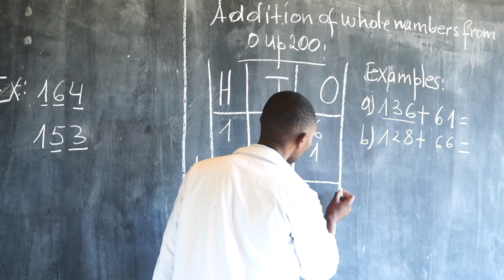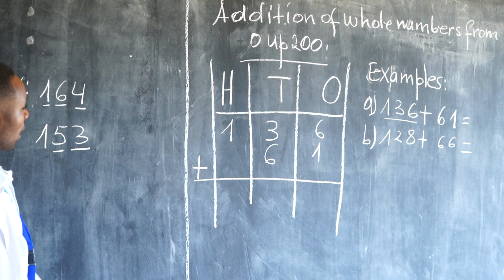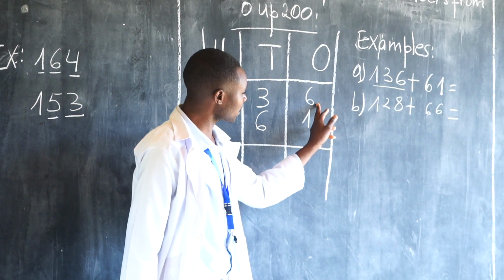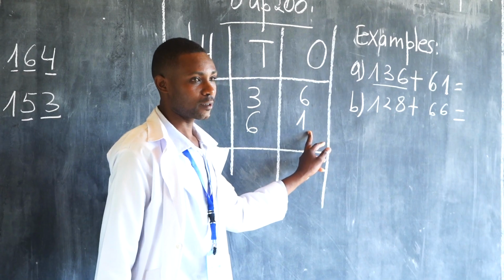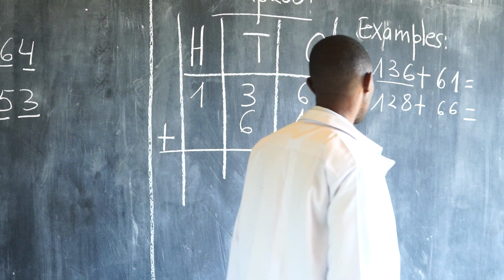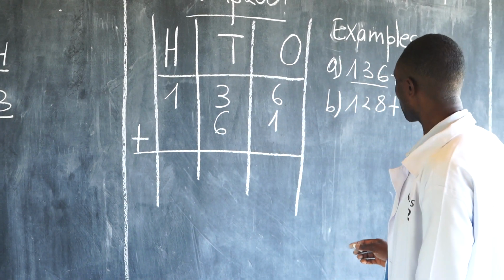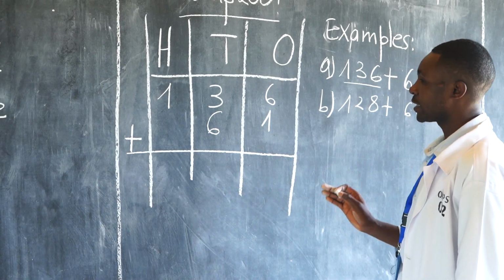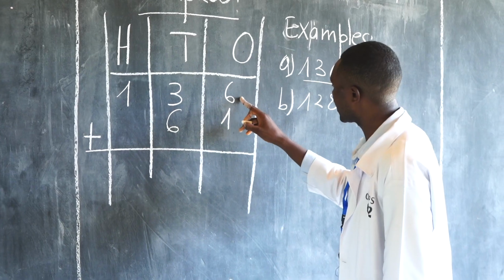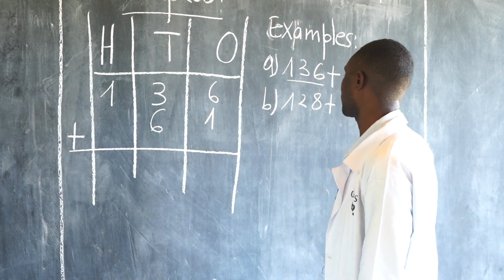Now let us continue with our question. Now in the column of ones, we have 6 plus 1. Now, how can we do it? We are going to draw the zeros in order to find the answer of 6 plus 1.